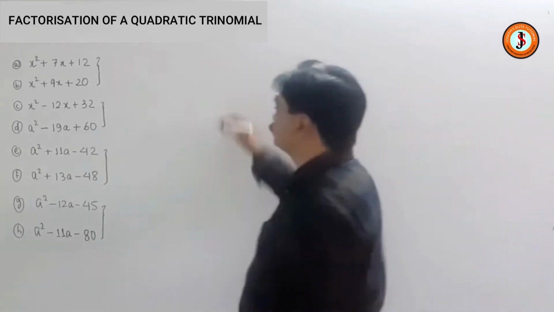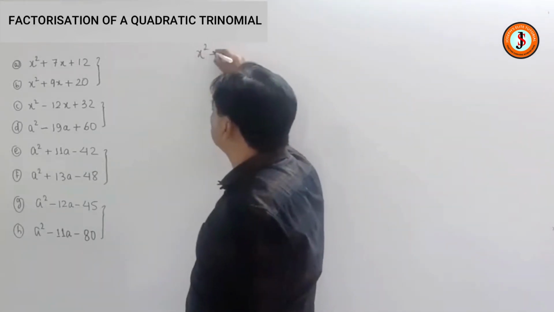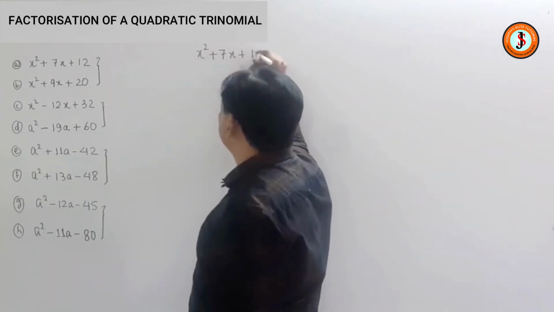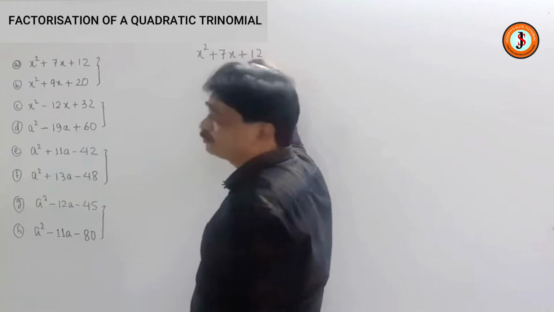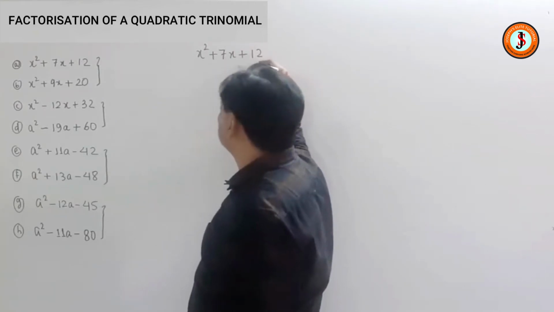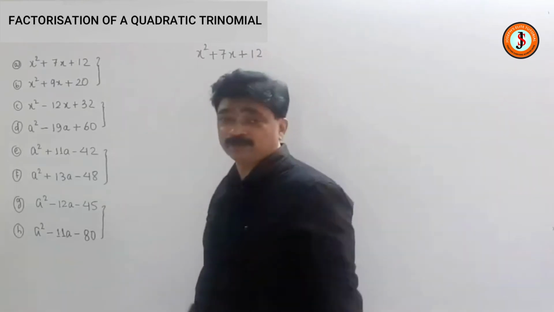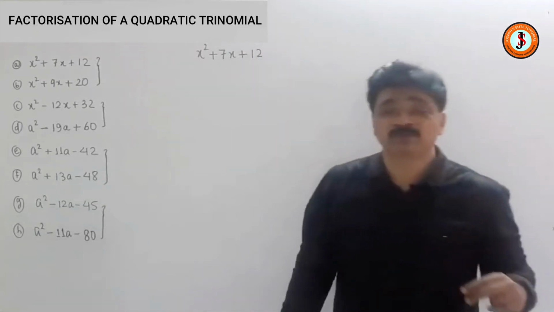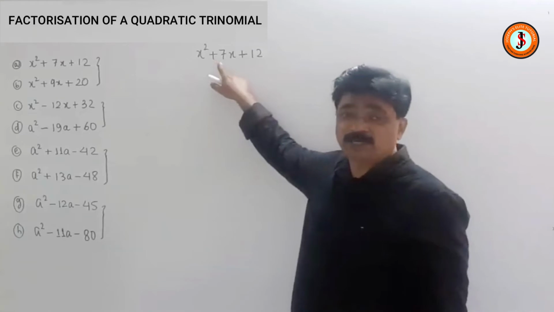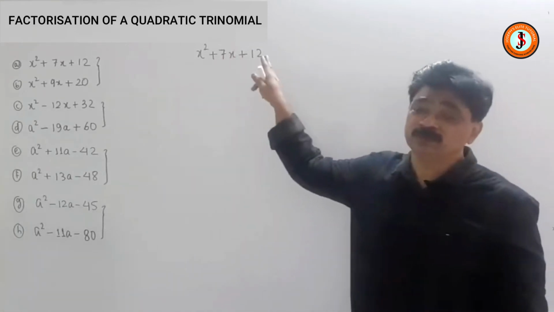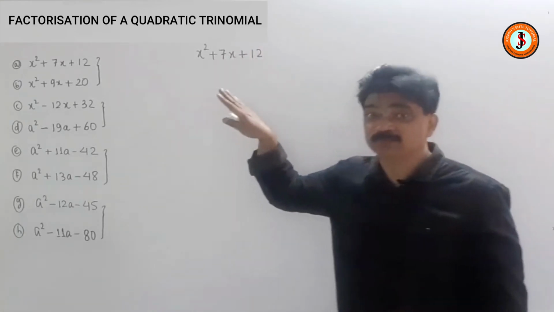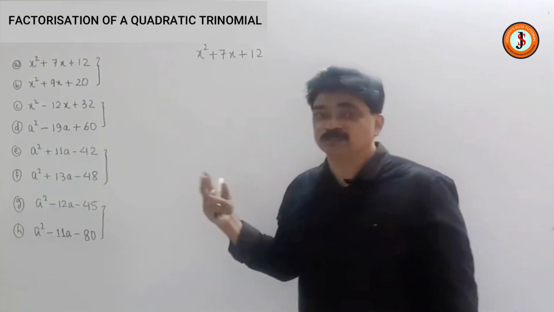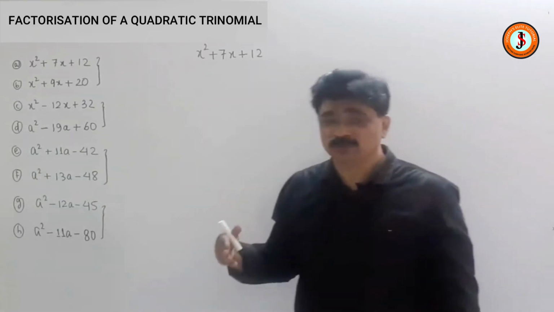So take x square plus 7x plus 12. My first hint is that c is positive. So 2 numbers whose sum is 7, and the signs of those numbers will be the same, either 2 negative or 2 positive.